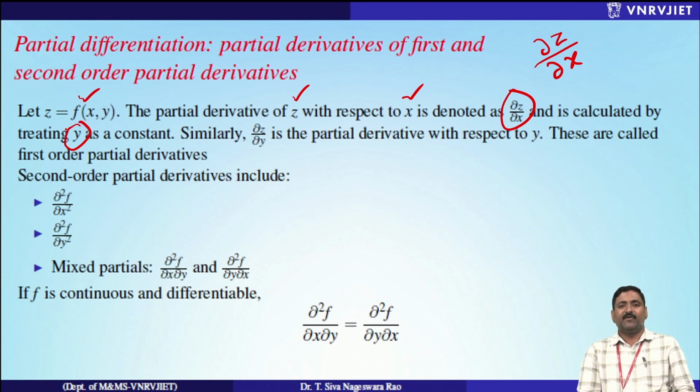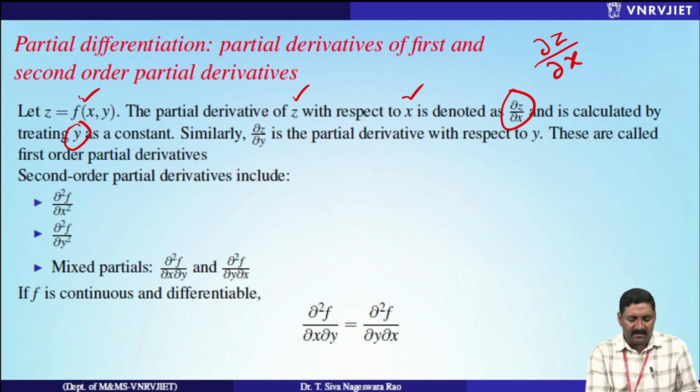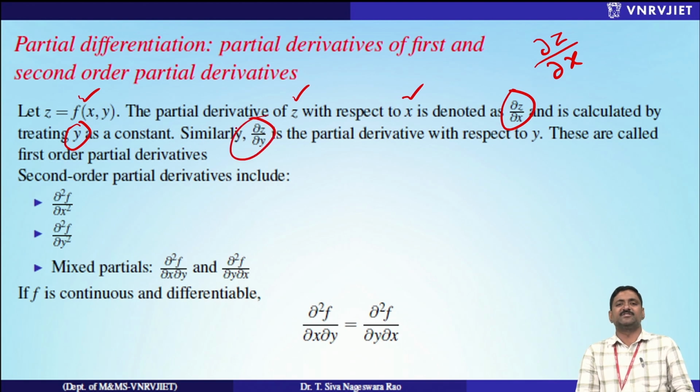It means whenever you apply the partial derivative with respect to x, you need to treat the other variable as constant. So we treat y as constant. In the same way, if you apply the partial derivative of z with respect to y, we treat the other variable x as constant.